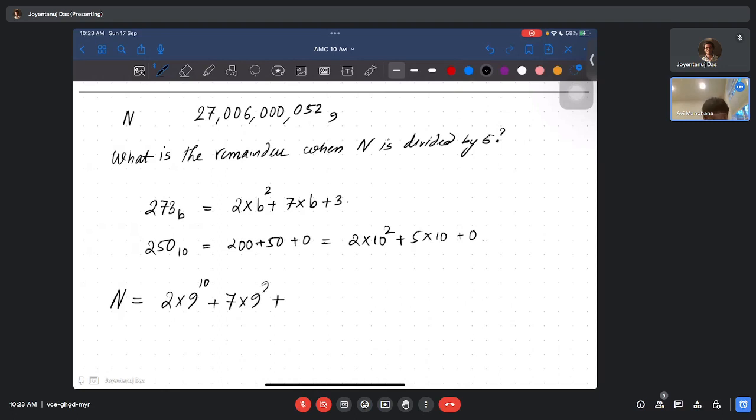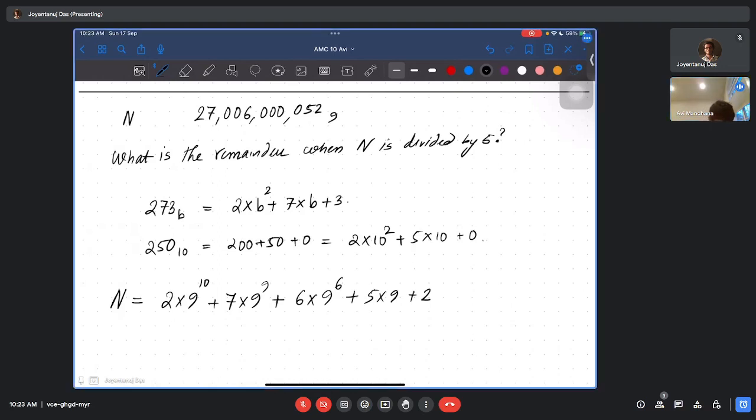plus 6 times 9 to the power of 6, plus 5 times 9 plus 2. Right. So now what I can do, I think, is 9 to the power of 10.